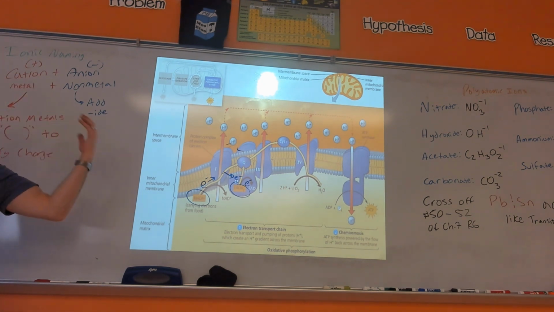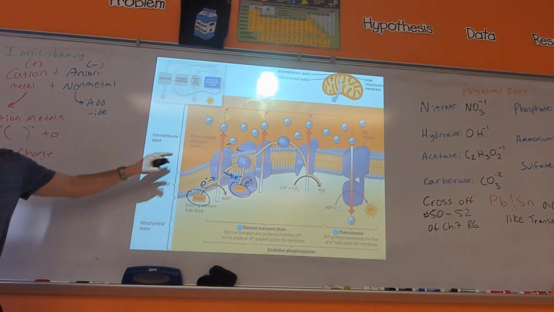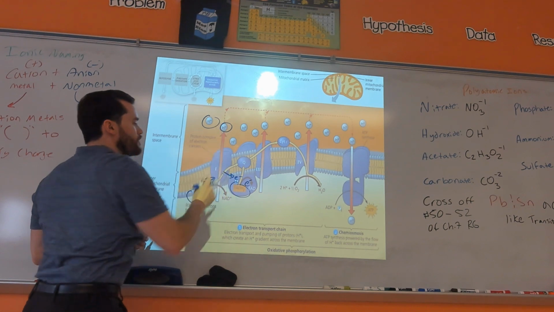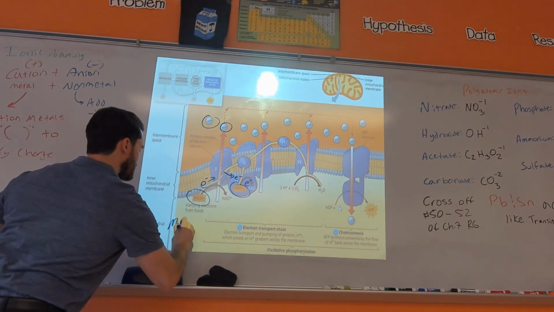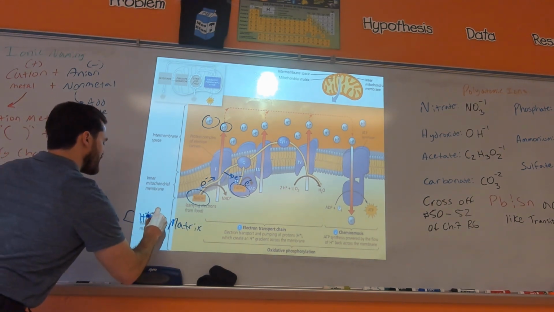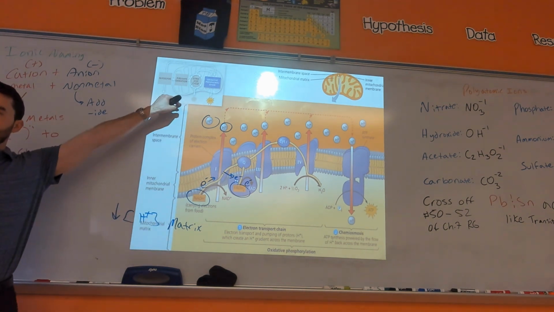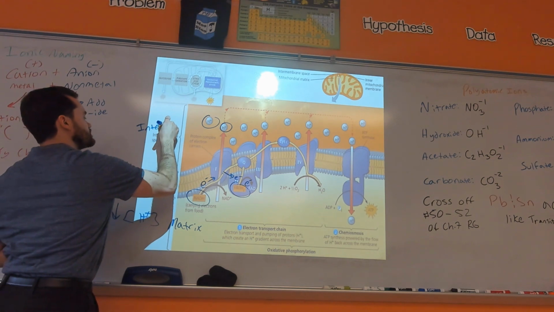And there's energy that gets released from the passing of those electrons. That energy is used to pump these hydrogen ions from the mitochondrial matrix. This is the matrix of the mitochondria. That will give the matrix a low concentration of hydrogen ions because they're all moving out here. This is the intermembrane space.